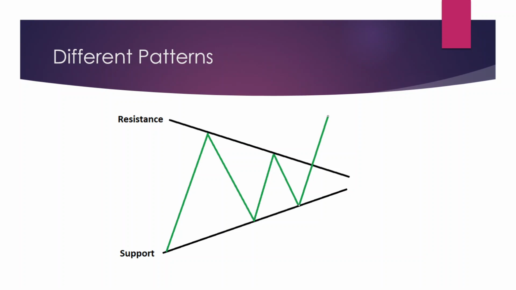The resistance and support help determine where to buy and sell when it is in this kind of flag shape, but it could easily go up or it could go down after it's broken past this flag. There's a lot of other patterns as well, such as the ascending triangle, the descending triangle, the falling wedge, the head and shoulders top, but they all rely on this fundamental principle of the resistance and the support.